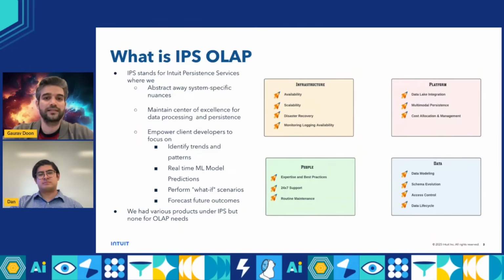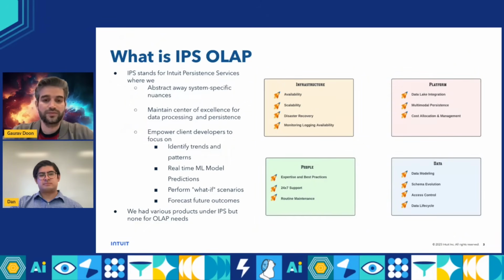So the end clients, the developers, can just focus on their business use cases, such as identifying trends and patterns in their data, real-time ML model predictions, what-if scenarios, forecasting any future outcomes. These use cases that I'm calling out are OLAP specific, but they apply to IPS in general as well.